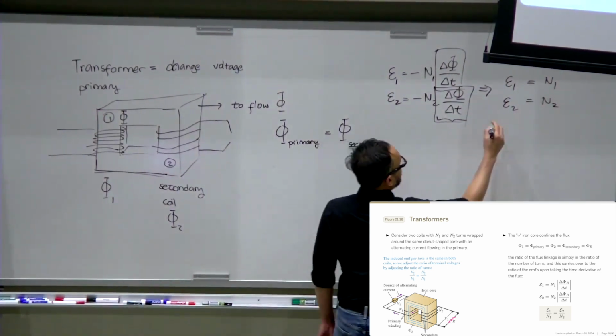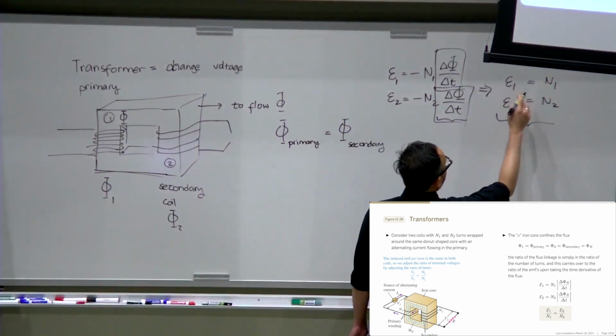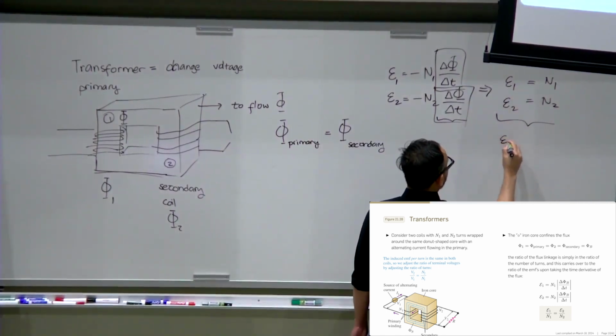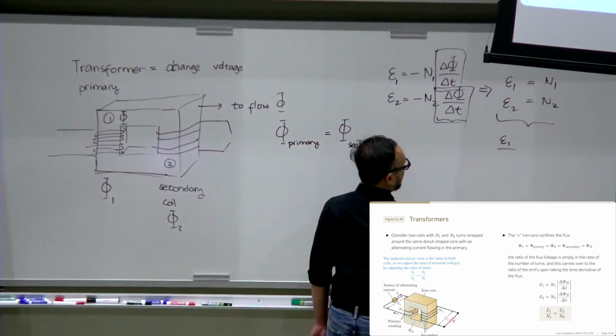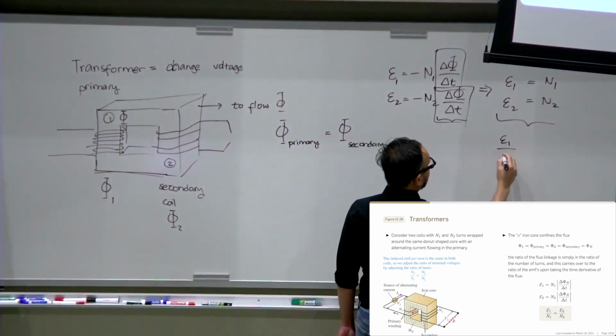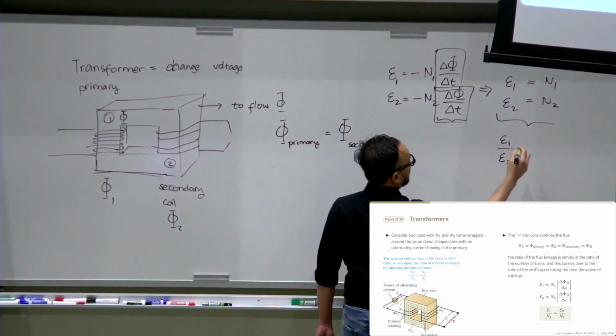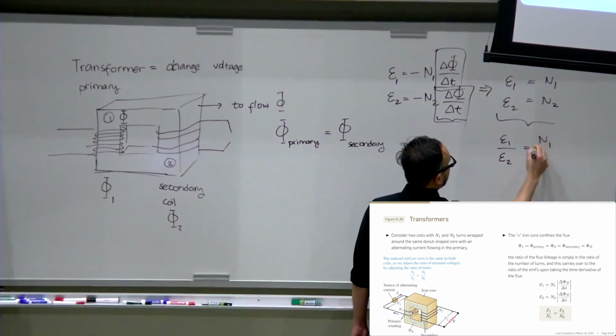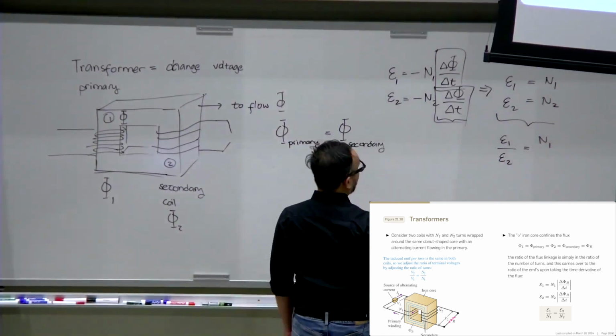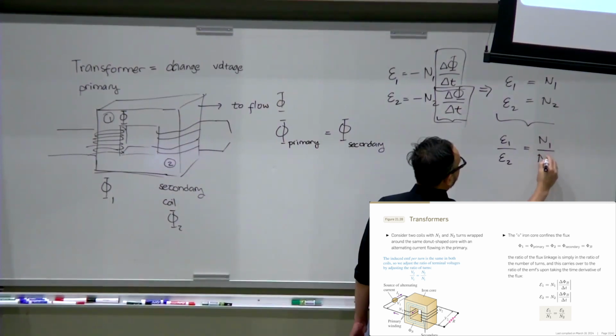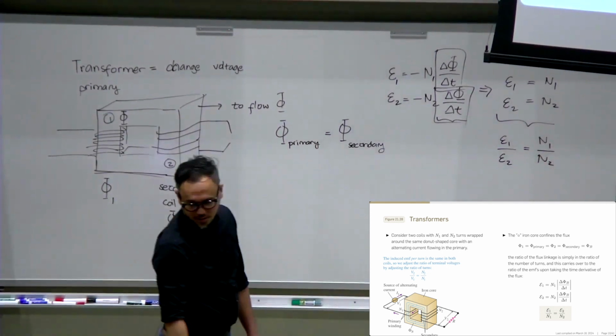So what we can do is divide the top by the bottom: E1, the EMF of the primary coil, divided by E2, the EMF of the secondary coil, is equal to N1, the number of turns of the primary coil, divided by N2, the number of turns of the secondary coil.